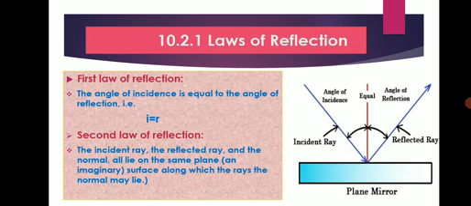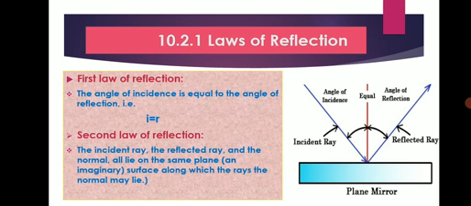Now we will discuss the two laws of reflection, the first law of reflection and the second law of reflection. The first law of reflection states that the angle of incidence is always equal to the angle of reflection, that is i is equal to r. When a ray of light is incident normally on a plane mirror, it means that it is traveling along the normal to the mirror surface.